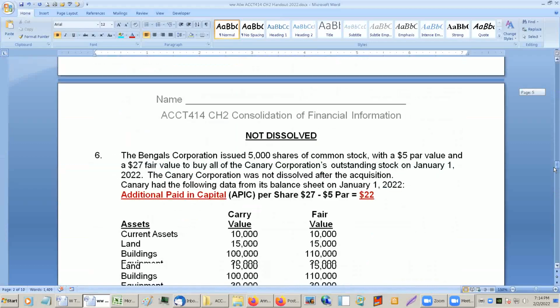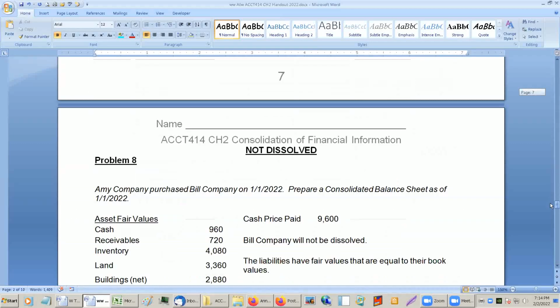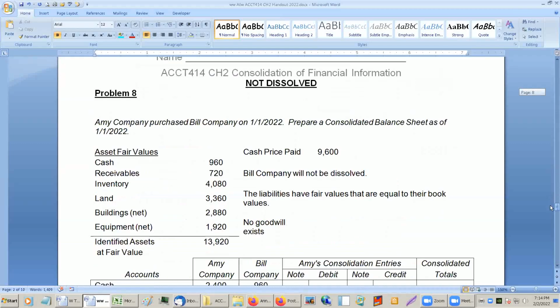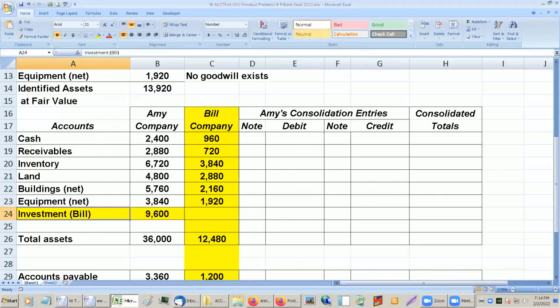Back to number 8. And again, you can either use the handout. I think I'm going to go ahead and use the Excel. It's just a little bit easier to do this on. Okay.